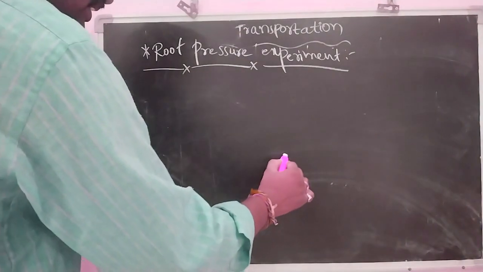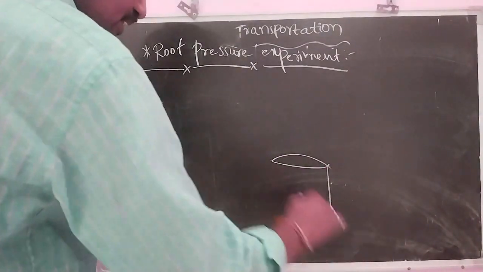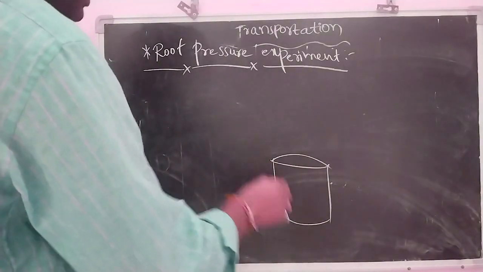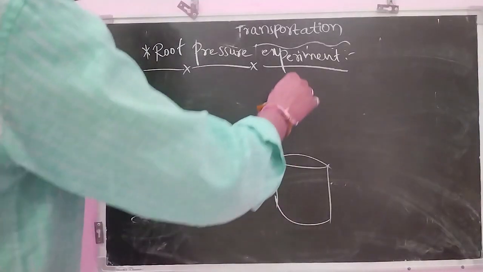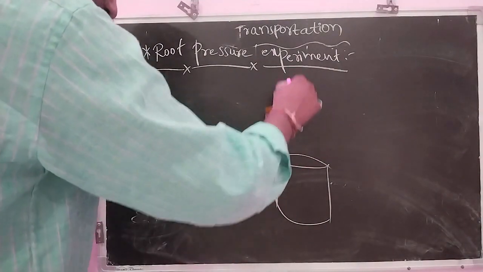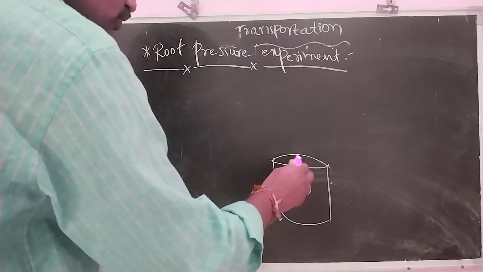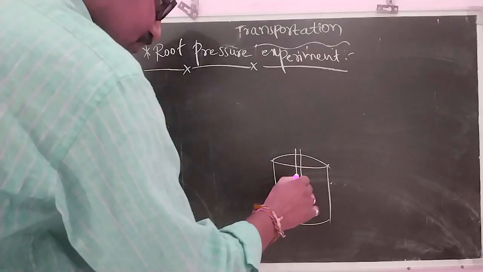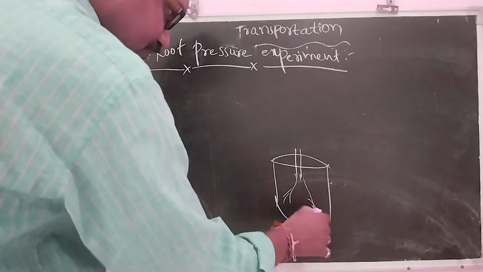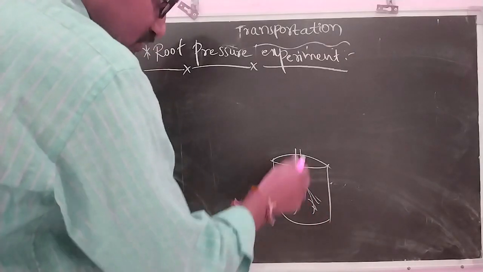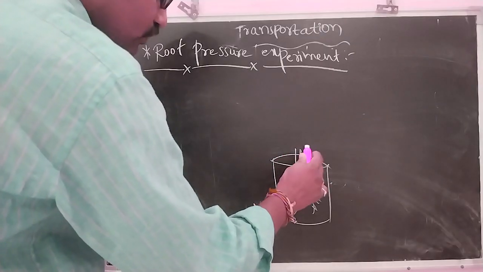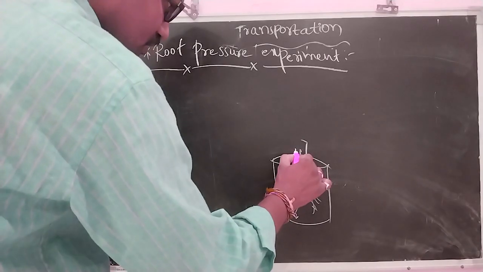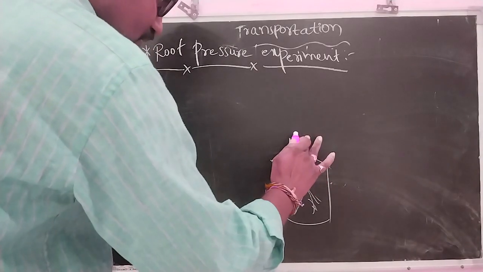For this we take a small, regularly watered potted plant, whatever plant we water daily. We remove the entire stem portion, leaving the stem cut portion about 1 centimeter above, with strong rubber tubing placed on it.